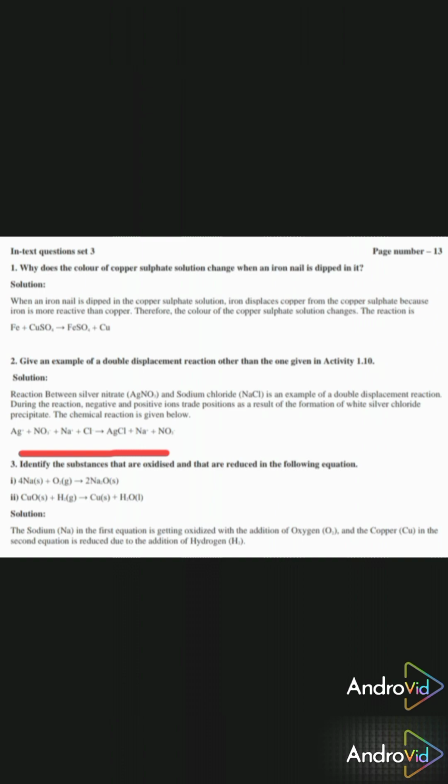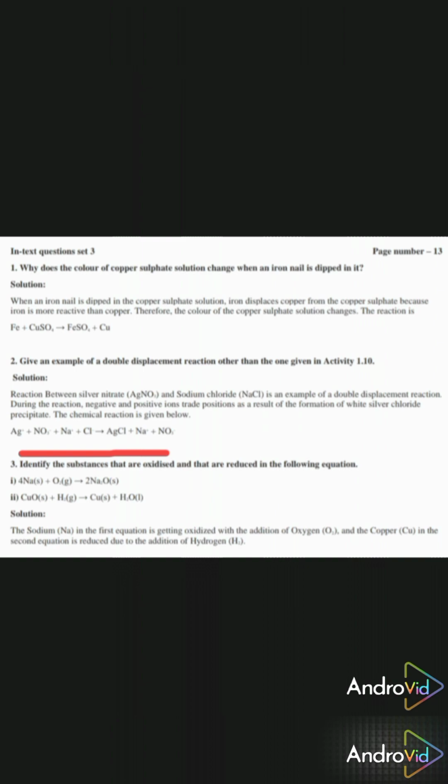The third question in in-text question set 3 is, identify the substances that are oxidized and that are reduced in the following reactions. The first reaction given is 4Na, a solid, plus O2, a gas, gives 2 molecules of sodium oxide, Na2O, which is also a solid.